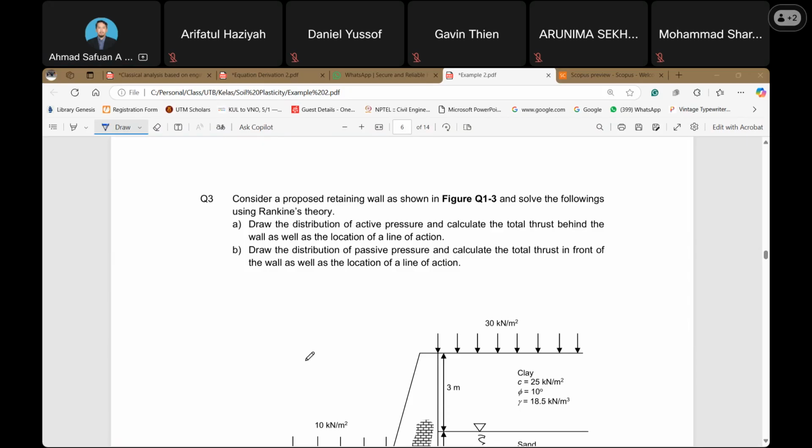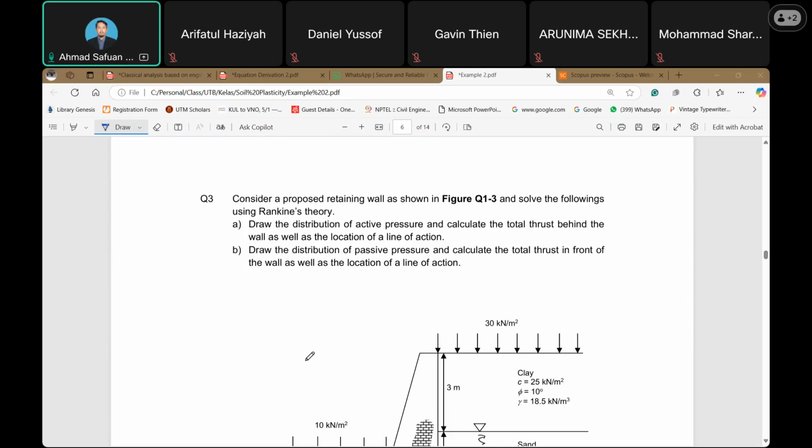So let Z equal zero at the backfill surface. So sigma V equal to 30, due to the surcharge.